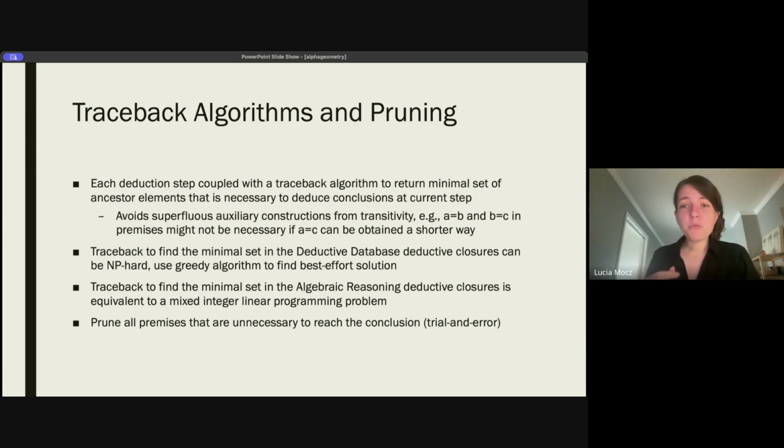Any premise that is not going to be necessary to reach a conclusion is an auxiliary construction, but it is not relevant to the conclusion of the proof. And in this way, you're restricting the infinite space of auxiliary constructions that you can tag onto any problem to only that which is relevant to constructing a conclusion for a proof.